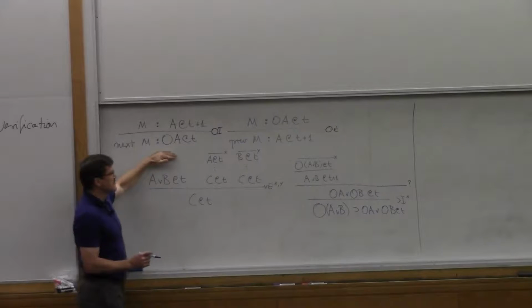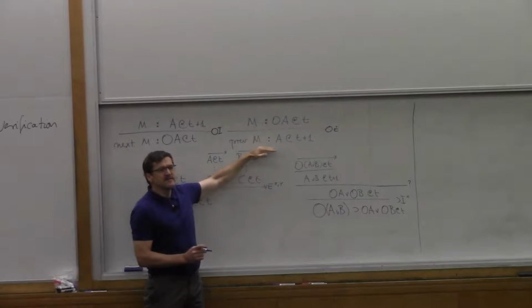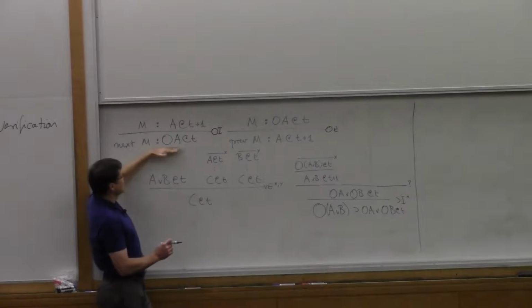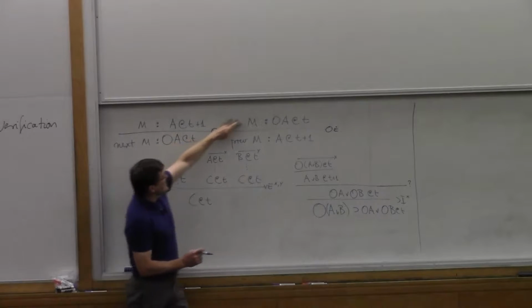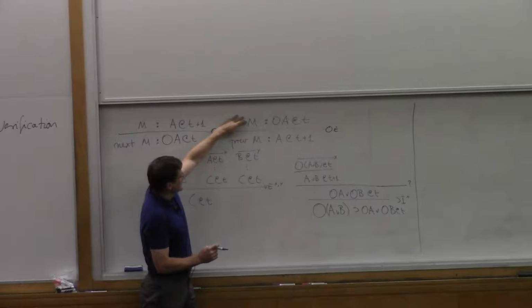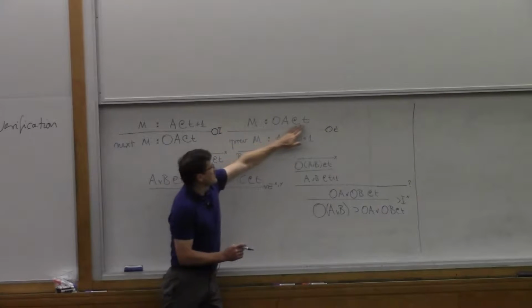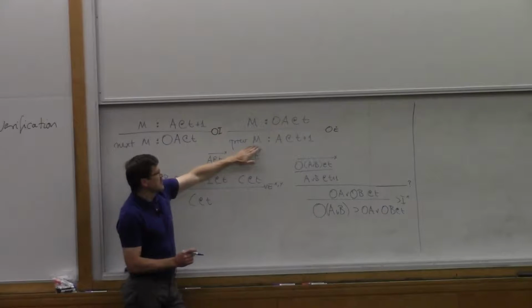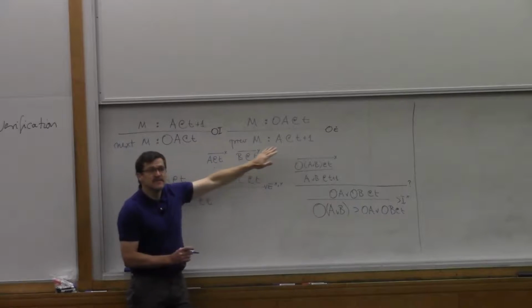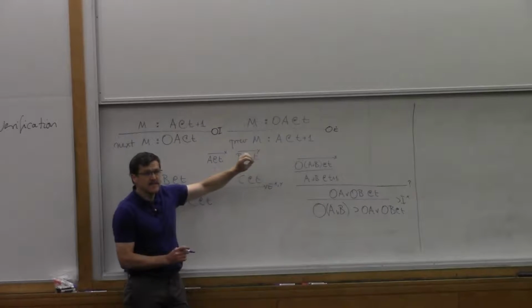So I would derive the introduction rule from the elimination. As a verificationist, I say, this is my definition of circle A. This is when I can derive it. And then if I can derive it, what that essentially means is that if M is of type circle A at time t, then I should be able to conclude that M has type A at time t plus 1. Okay?